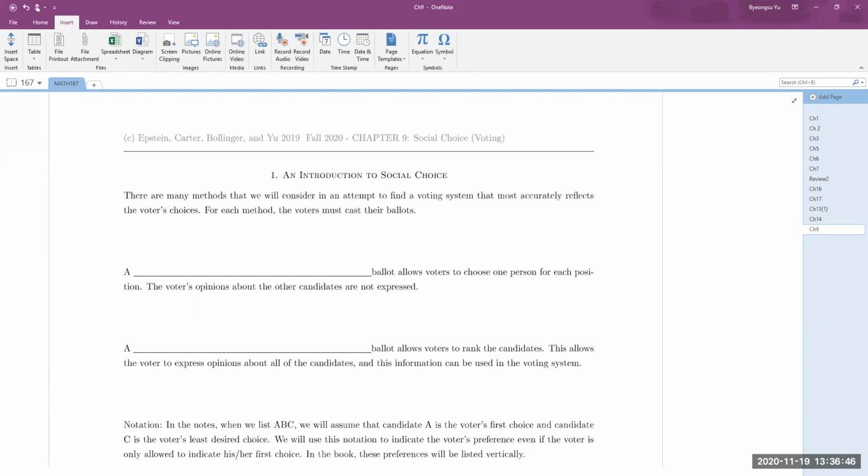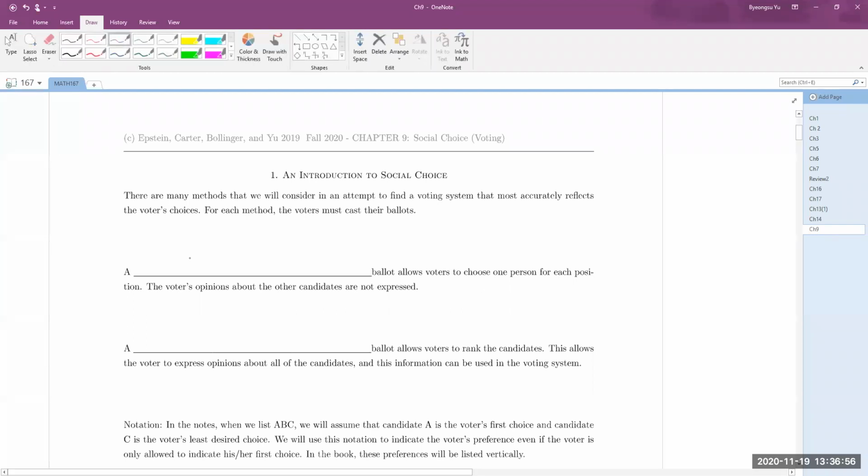That's called the social choice. And there are two very traditional methods in the social choice. One is called single vote ballot.